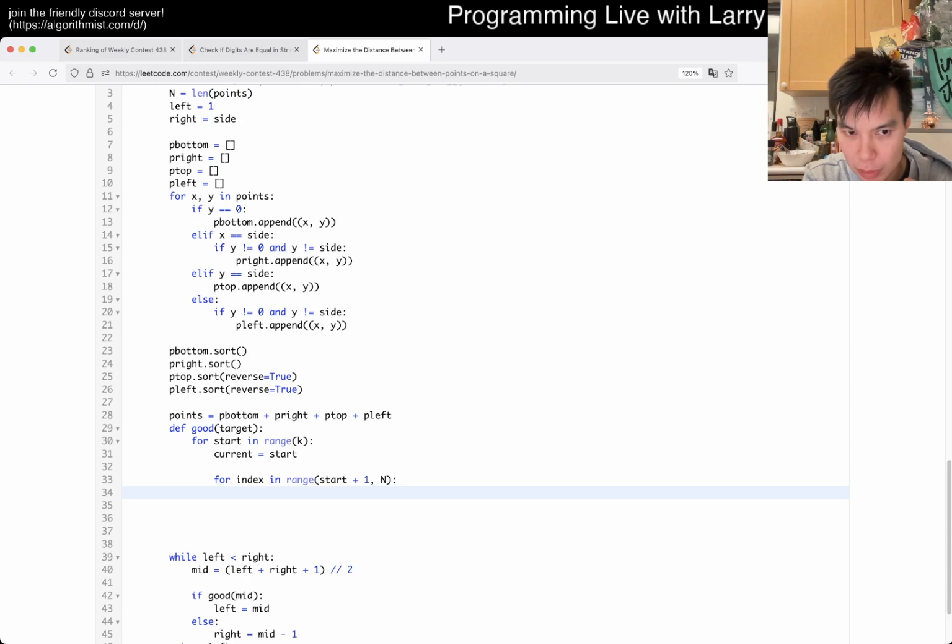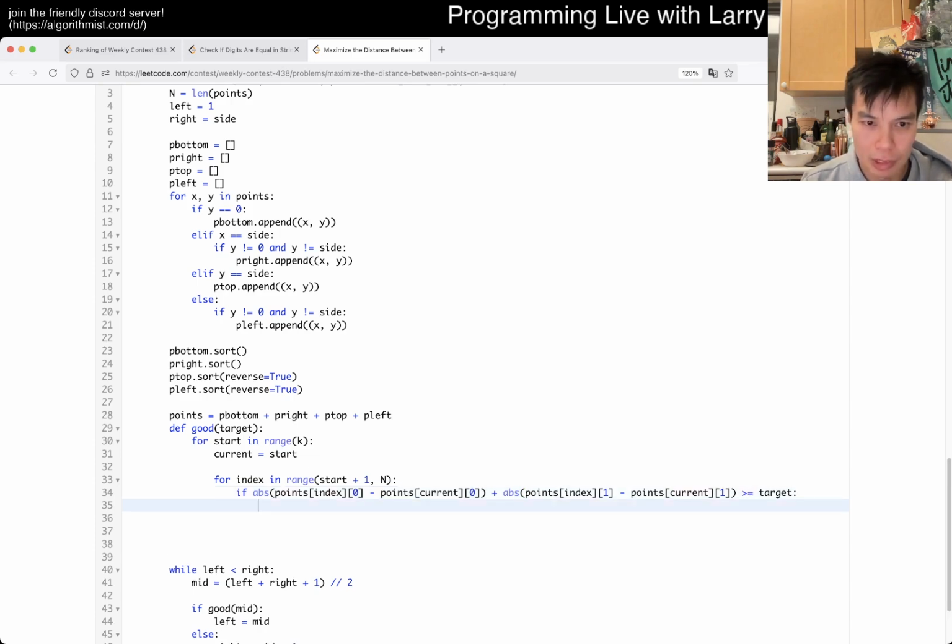Then now we want to say if current, all right, so Manhattan distance, so if points of index of 0 minus points of current 0, so this plus this, if this is greater than or equal to target, then this is good.